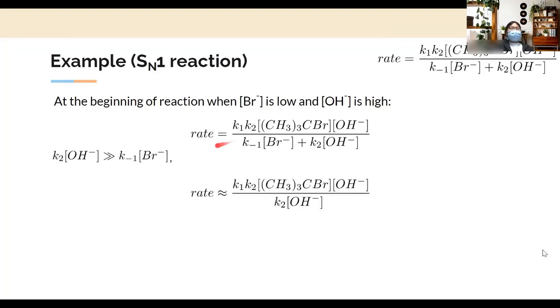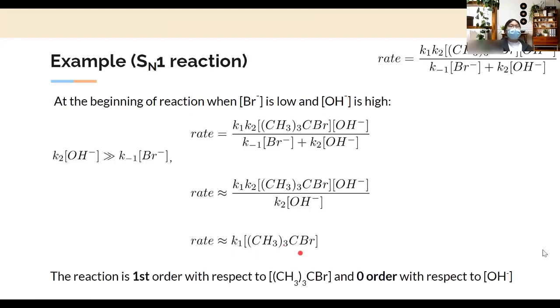Basically what we did is similar to what we did in the previous slide, where we ignored this term of K minus 1 times concentration of bromide ions to get this expression over here. And again, cancelling, we will get rate is approximately K1 times concentration of the bromoalkane.